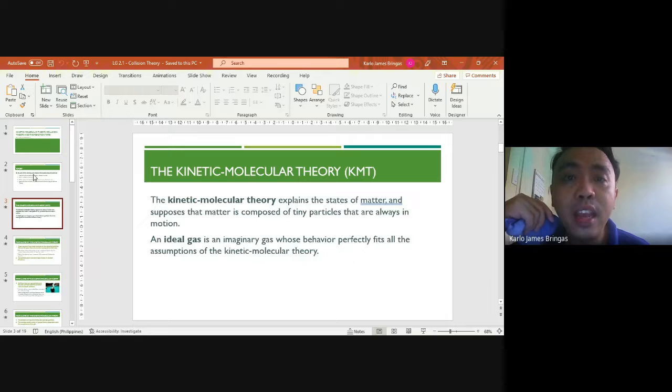However, our KMT is best able to describe gases, in particular, the ideal gas. The ideal gas, as the name implies, is a theoretical construct. In reality, we don't really encounter ideal gases. Real gases have behaviors that differ from the ideal gas.